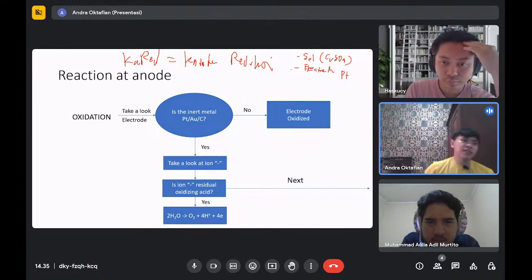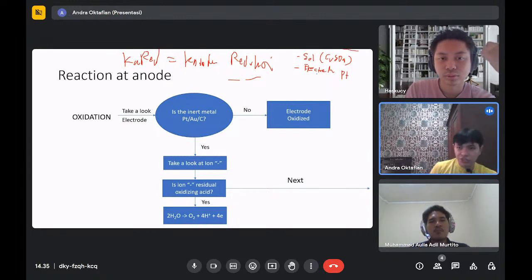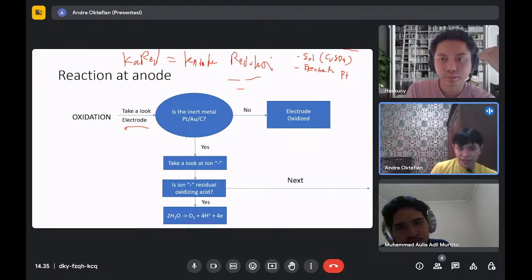Let's see: you have the solution copper sulfate and the electrode Pt. The electrode is platinum, so just answer yes. When you answer yes, take a look at the ion, so we have copper sulfate.